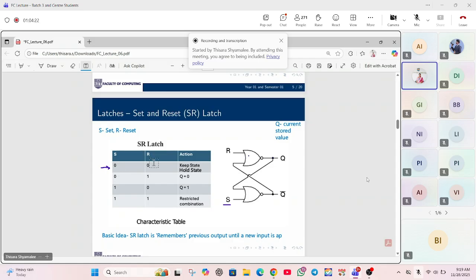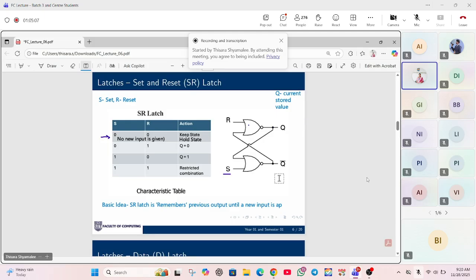That means the latch keeps or holds the previous state. No new input is given.